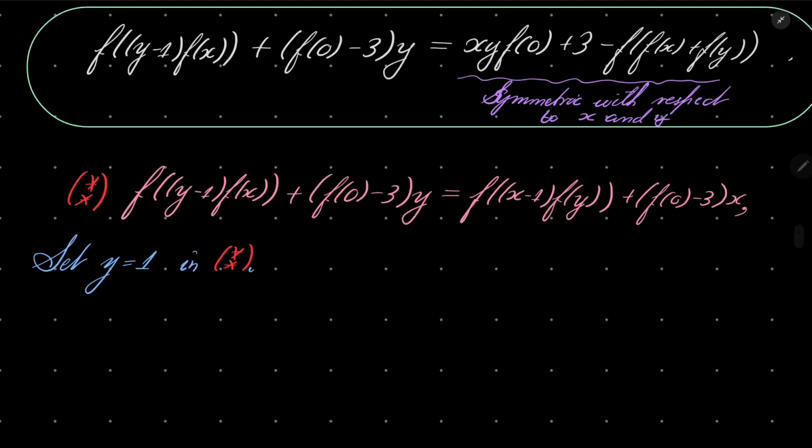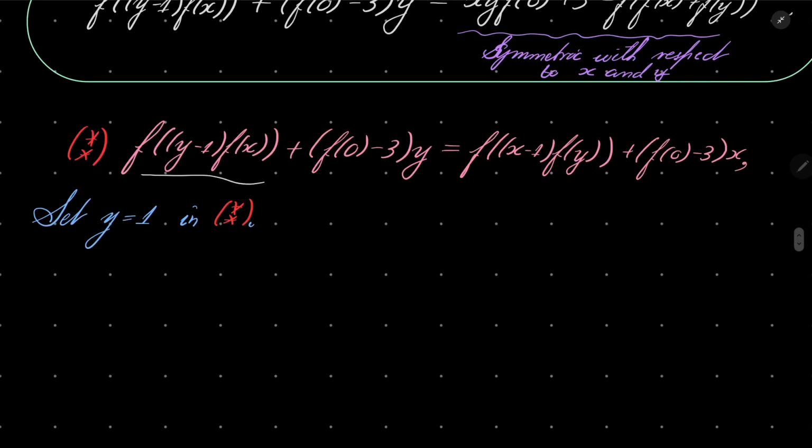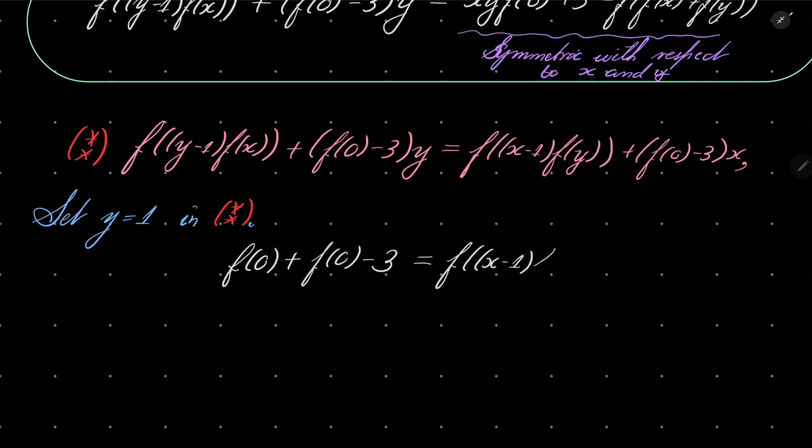What do we have? Now we have the following. Here we have f of 0. Here we have f of 0 minus 3. And here we have f of ((x minus 1) times f of 1) plus (f of 0 minus 3) times x. Let me compare it with my notes. Is everything all right? Probably it is.